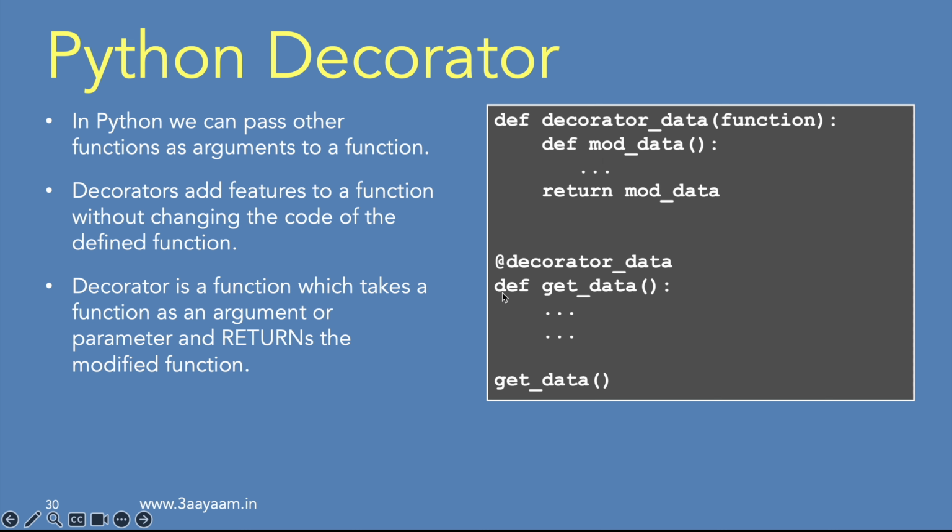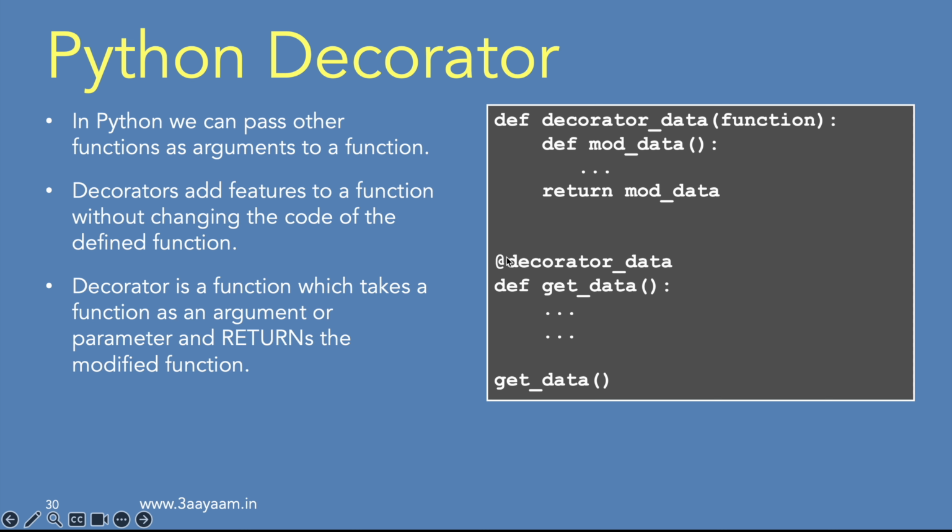So now we have this plain and simple get_data, and we have a plain and simple function named decorator_data, wherein it takes a function as an argument and then it modifies the function. Actually, it will modify the function that we sent and then it returns the modified function. And then once it is done, we decorate this get_data function using the @ symbol.